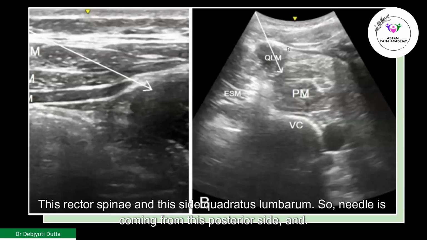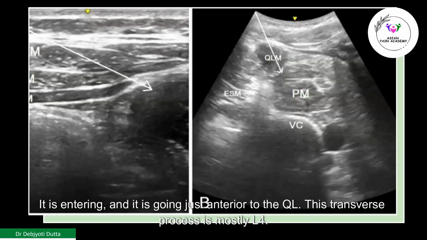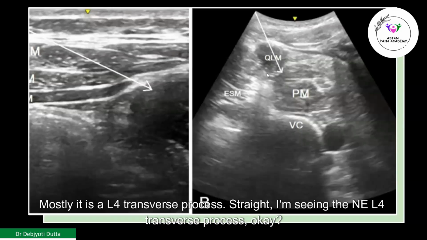This side is erector spinae and this side quadratus lumborum. The needle is coming from the posterior side and going just anterior to the QL. This transverse process is mostly L4.